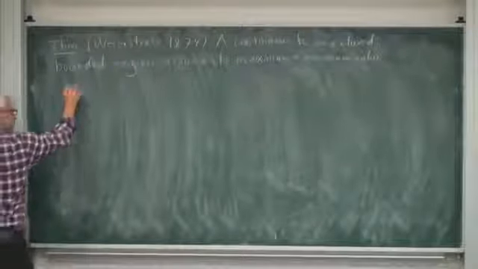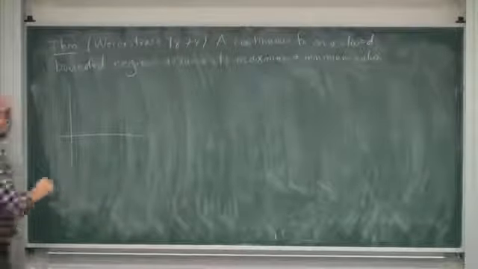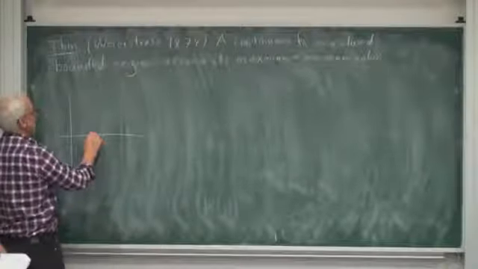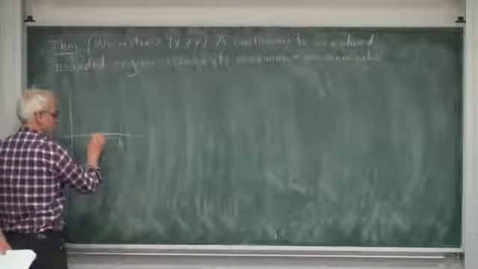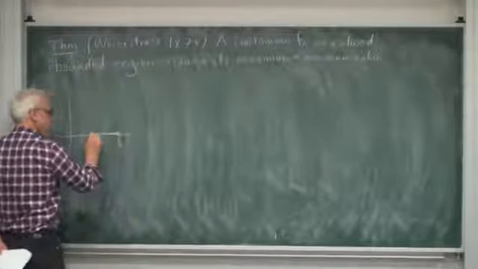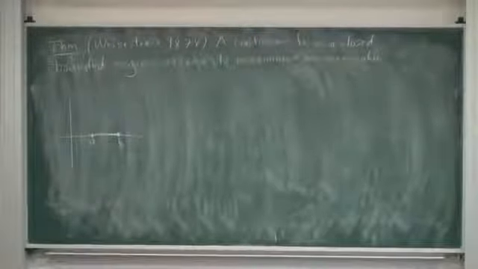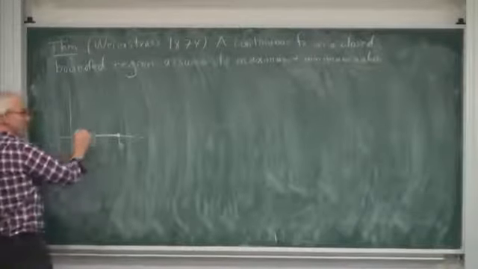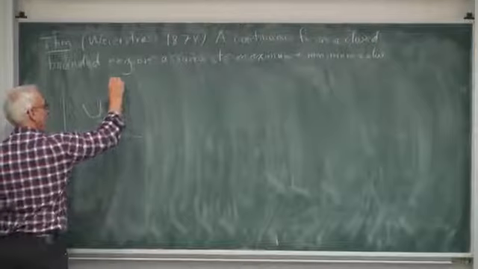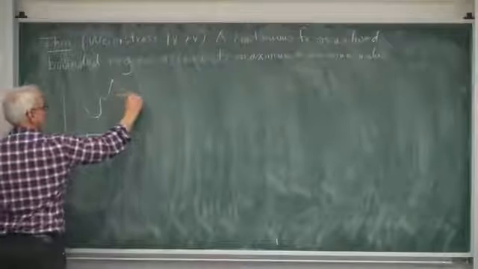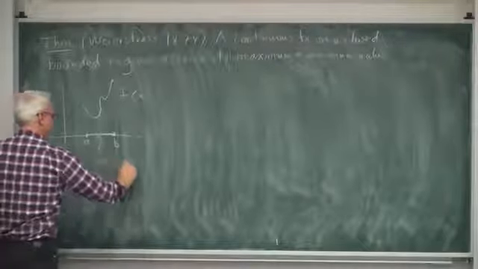Let me illustrate that in the case of a one variable function. If you have a function on a closed bounded region, in the line that means a closed interval. That means an interval including its boundary points. That's what closed means. So if you have a continuous function on a closed interval, maybe it looks like this. Here's a function f of x, and x belongs to this interval a, b.